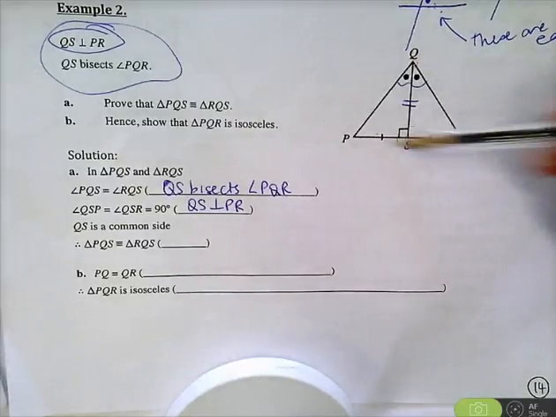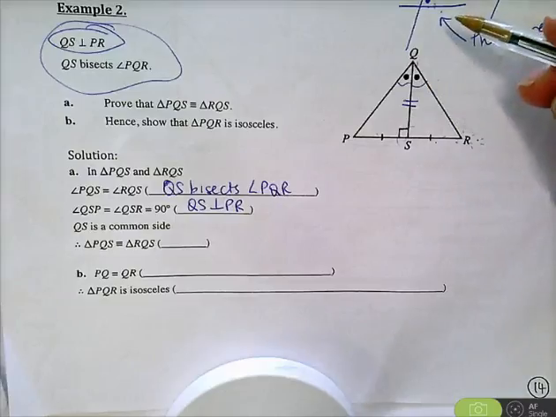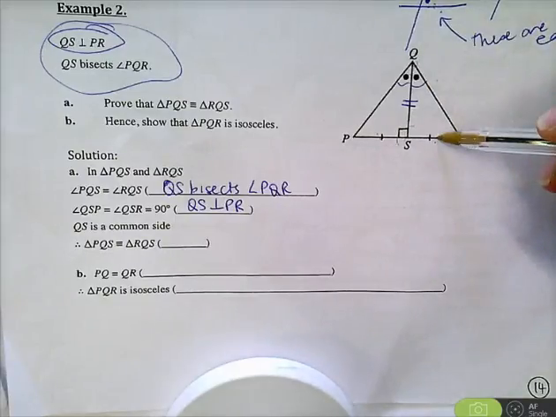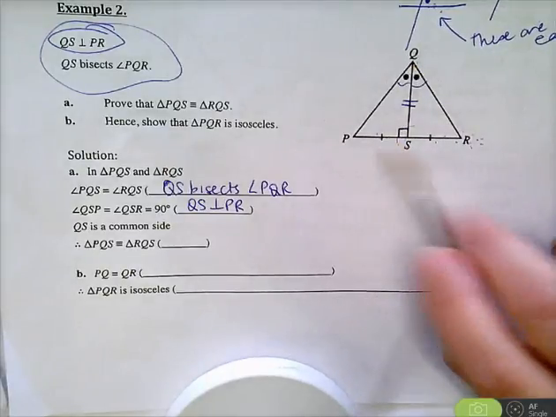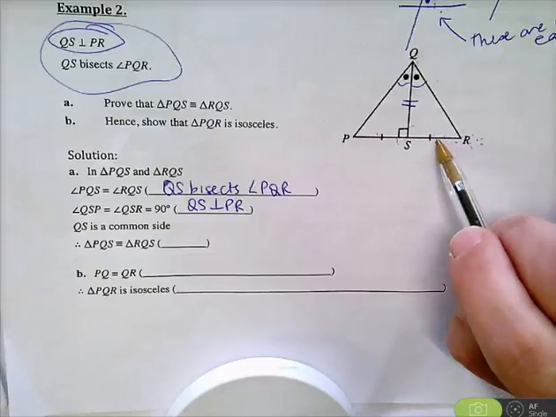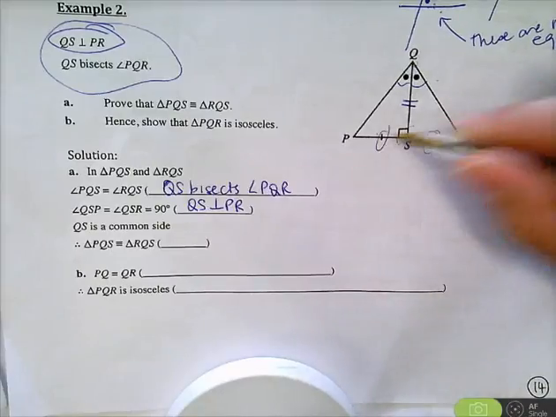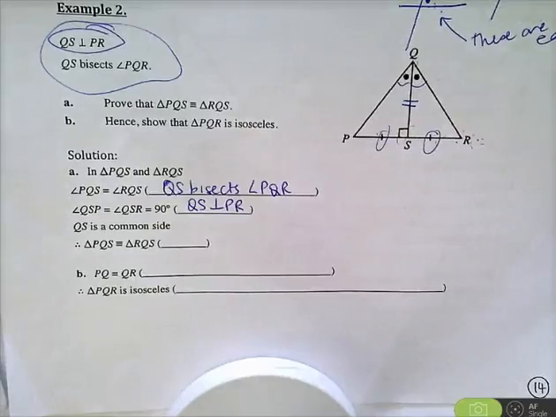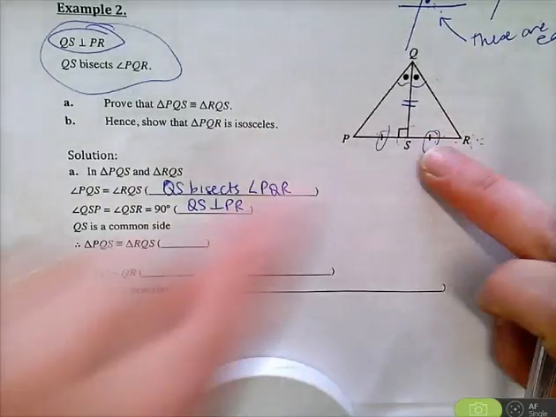So if I did draw these two triangles separately, what do I have? I think I've got extra information. We didn't actually do this. QS bisects that angle. I don't know why these markings are here on the diagram. They shouldn't be there. We haven't spoken about that at all. So I want you to ignore those markings at the moment, ignore those two circles.